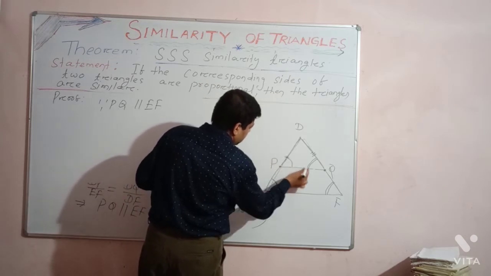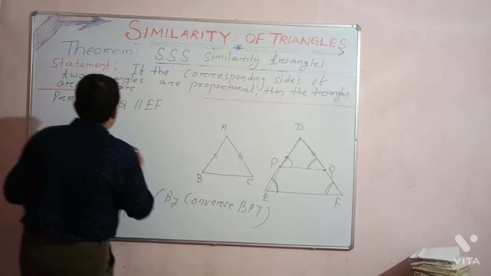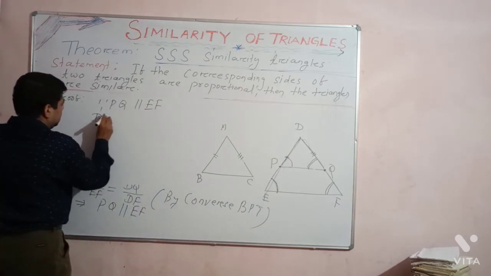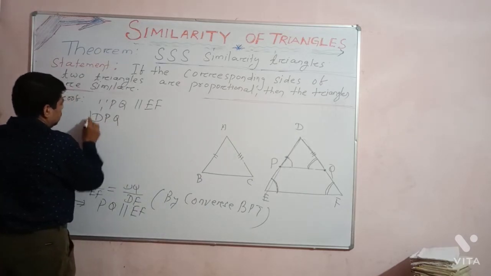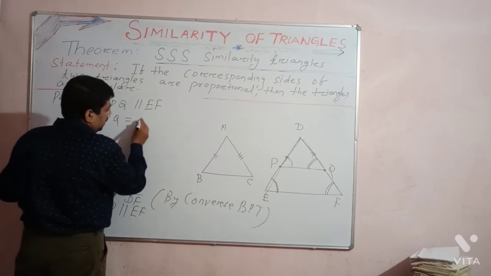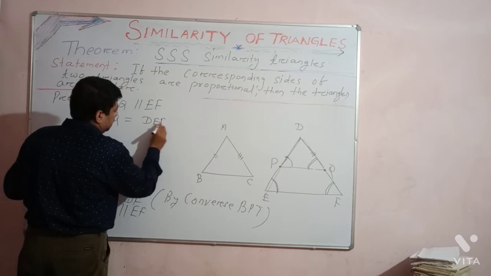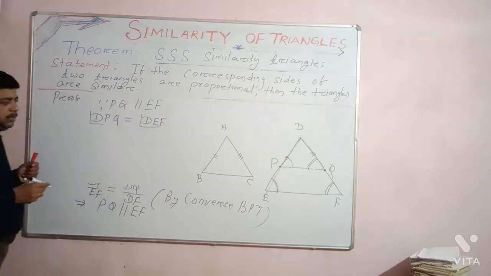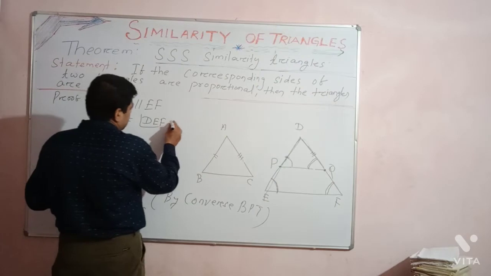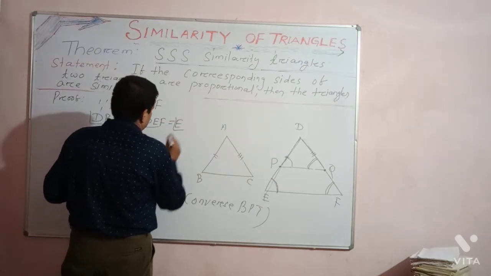Angle DPQ is equal to angle E. DPQ angle is equal to which angle? Angle E means angle DEF. We can say angle E. This is the corresponding angle.